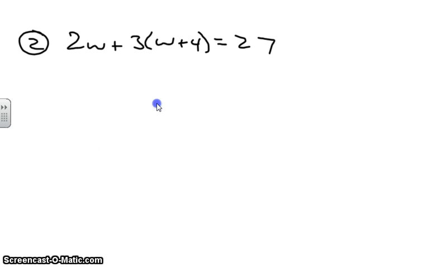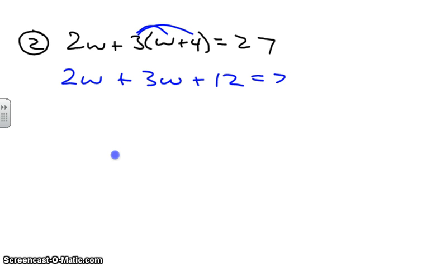Number 2, pause the video, give it a try. Come on back. Once again here we're using which property? The distributive. All right, so let's bring down 2w plus 3w plus 3 times 4 is 12. All right, and now what will we do? Combine like terms. 5w plus 12 equals 27. And then I'm sure you subtracted 12.